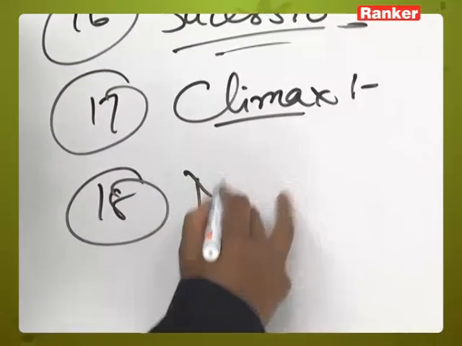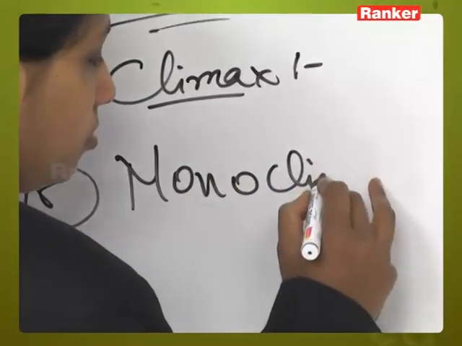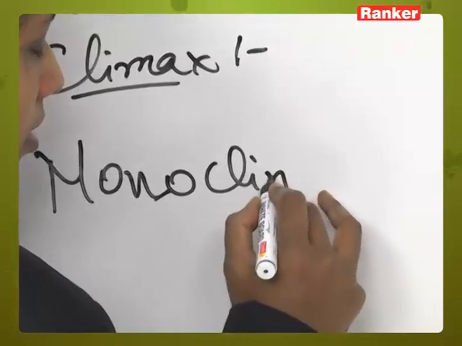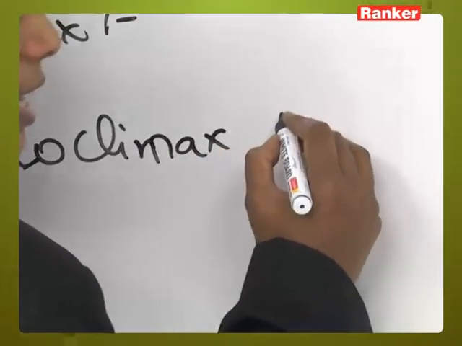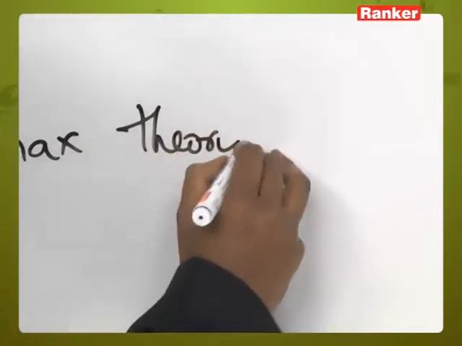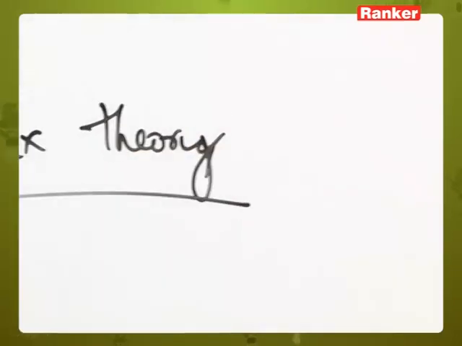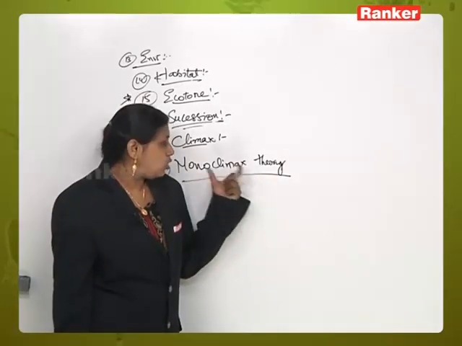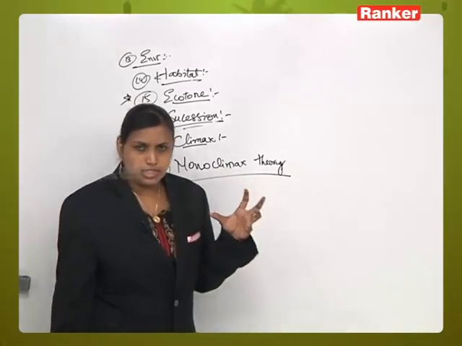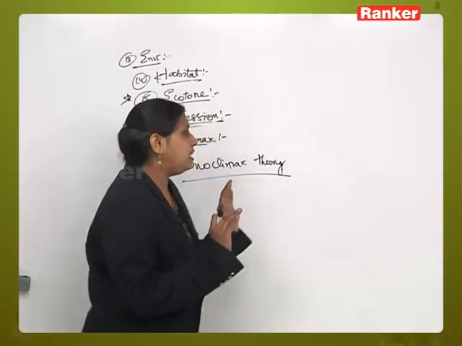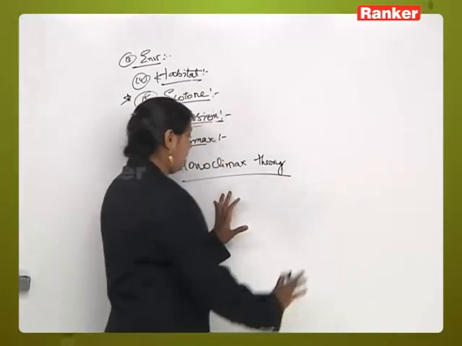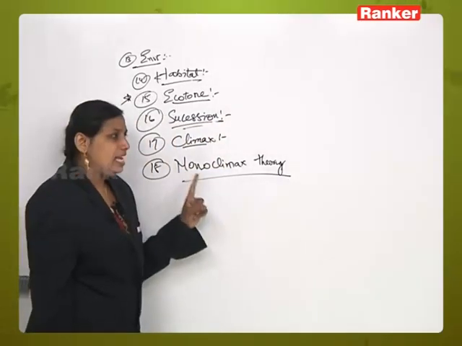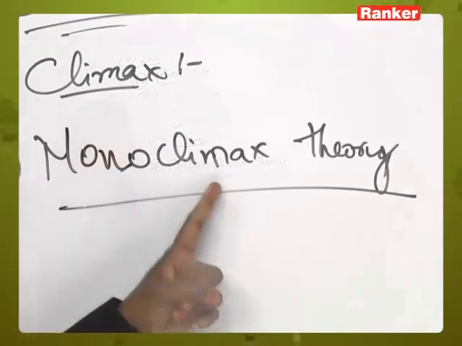Next one is monoclimax theory. Here there is only one type of climax community or plant community, controlled by the environmental factors. As there is only one climax community, it is called monoclimax.